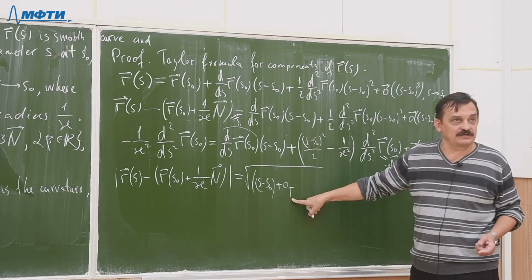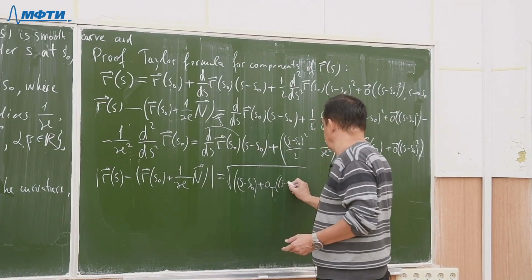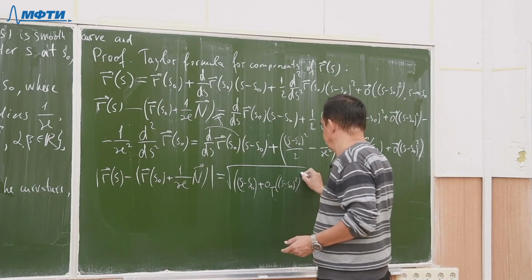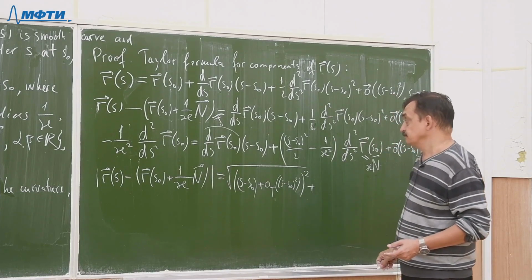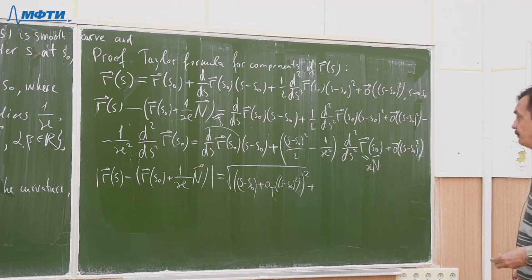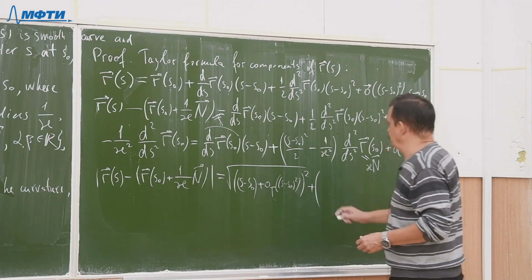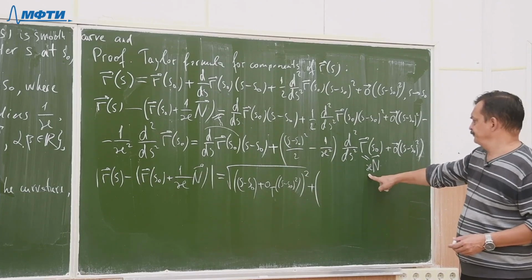Component with respect to vector T of S minus S naught squared plus, yeah, plus. Now, what is the component here?